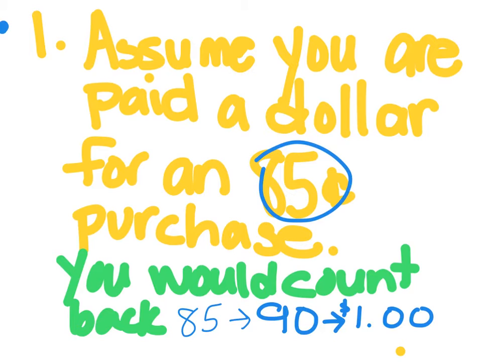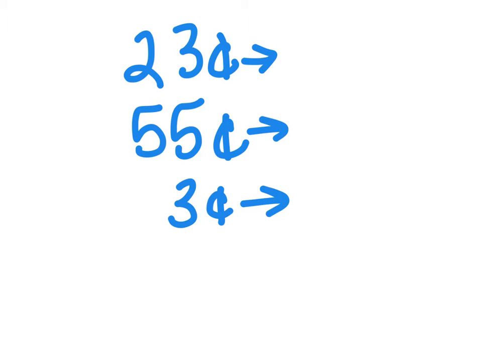And so the answer to this question was written just like I did right here. The number I start with, and then how each of the coins added to get me to that. So now you're going to do that with a 23-cent purchase, a 55-cent purchase, and a 3-cent purchase, and you're going to show me what the increments would be next.